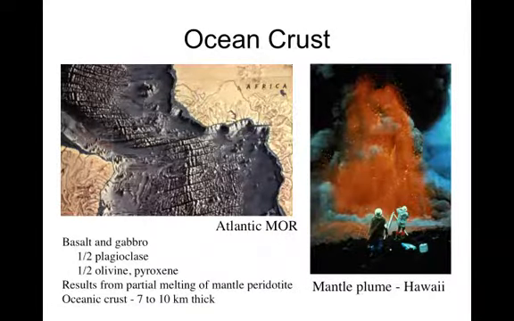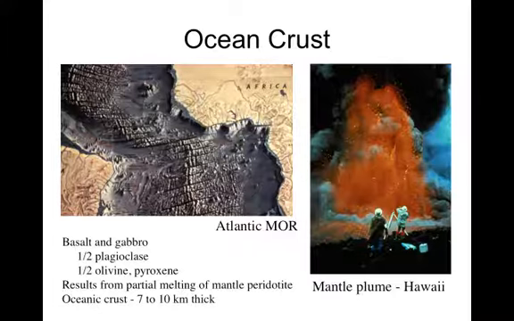The oceanic crust is distinct chemically from the continental crust because it is largely basalt and gabbro, and it contains about half plagioclase and the other half is olivine and pyroxene. The oceanic crust results from a partial melt, so it's just taking the more readily meltable part of the mantle and extracting that, and the result is basalt.